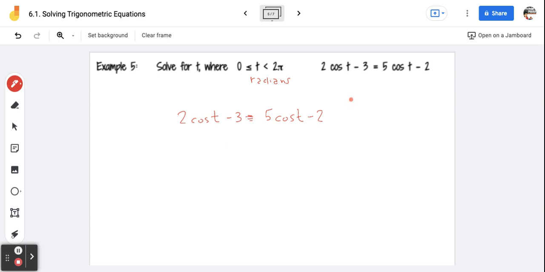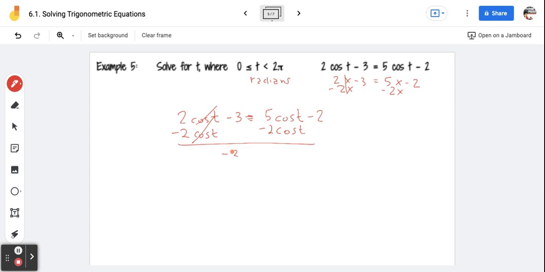If you were looking at this as 2x minus 3 equals 5x minus 2, nobody would have a problem solving this, and you do it the same way. We're solving for the cosine. So we would get our x's on the same side. I'm going to subtract 2 cosine t off this side and off the other side.